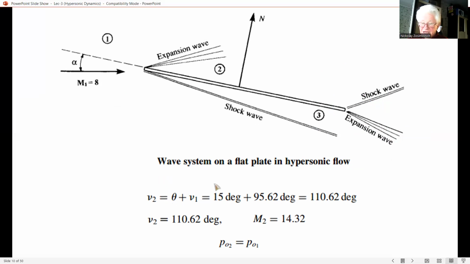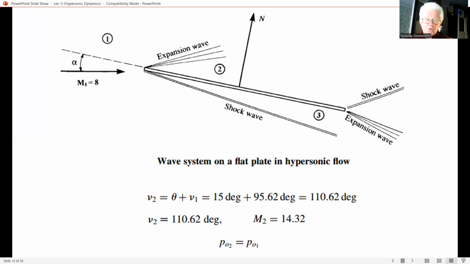Theta we know is 15 degrees, so V2 gets us 110.62 degrees. With V2 equal to this value, our equation yields M2 as 14.32.